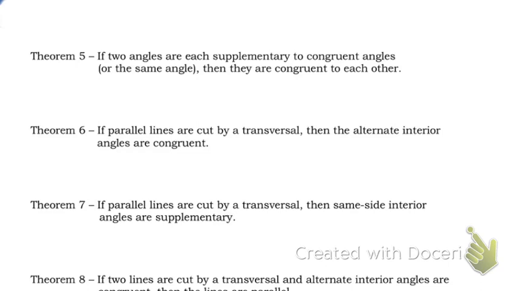I'm going to say if two angles are each supplementary or complementary, so that theorem will suffice for if it's complementary or supplementary. So supplementary or complementary, theorem 5 will work for either one of those.